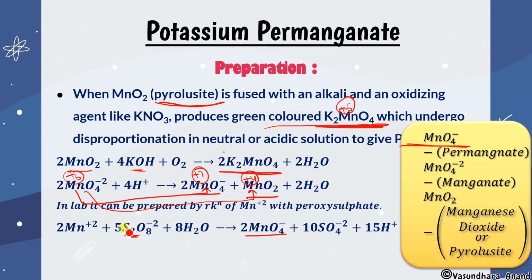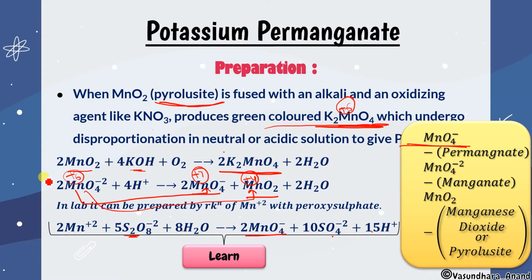If I use potassium over here, it will give potassium permanganate. Since I'm not writing the cation, we simply say permanganate. Permanganate plus this S2O8 will convert into SO4 sulfate, and since water is there, it will convert into acidic medium. We will balance, so you will get it like this. That is also to be learned.